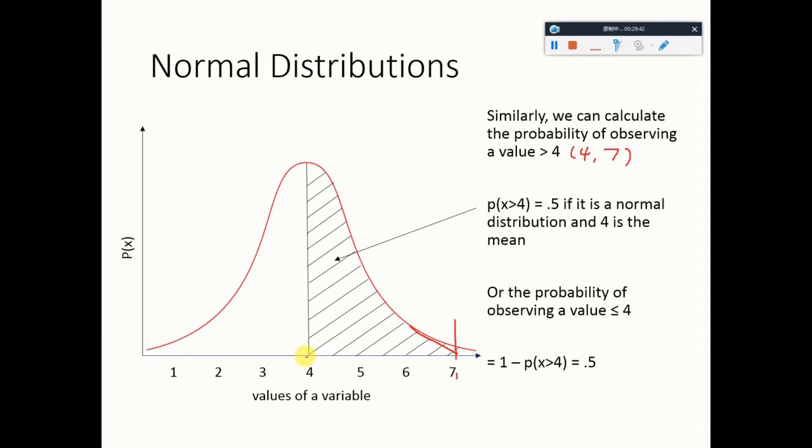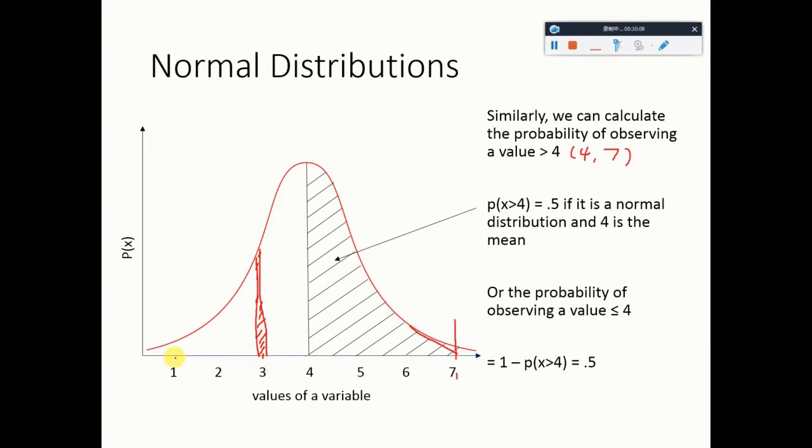So let's say 3 is here. Then to find the probability of observing 3 under this distribution, we just specify a very narrow band that will contain 3, and then calculate the area of this band. The area of this band will be roughly the probability of observing 3.